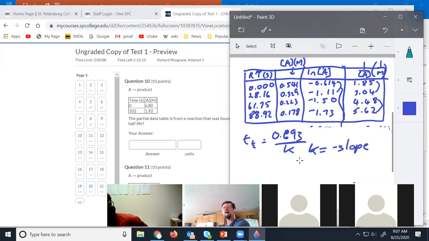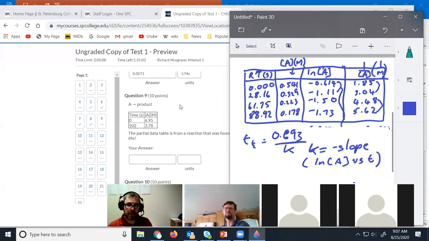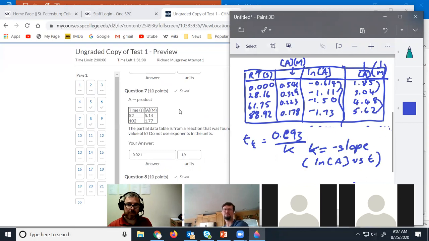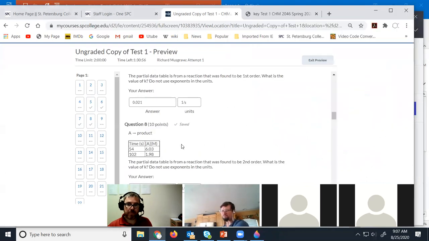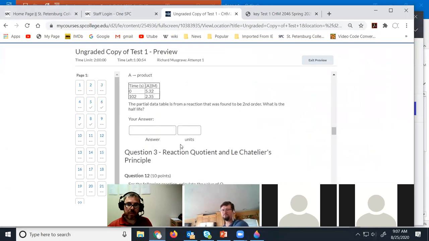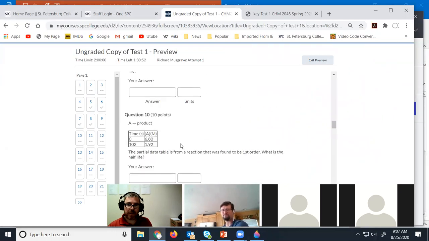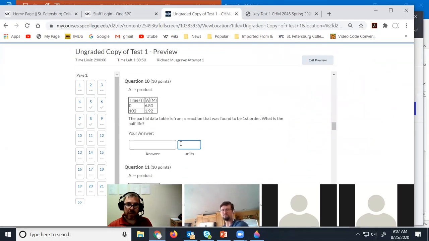But it's the slope of the log of A versus time, just like we did back in question 7. Does anybody have any questions about number 10 there? Again, the unit's going to be seconds.